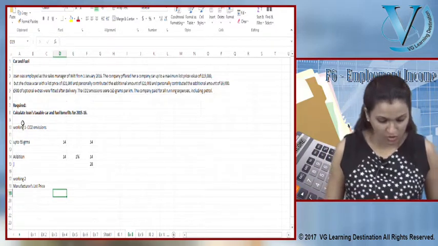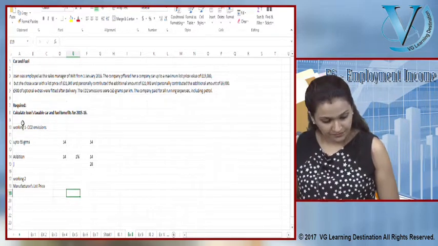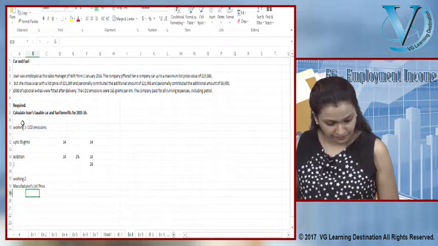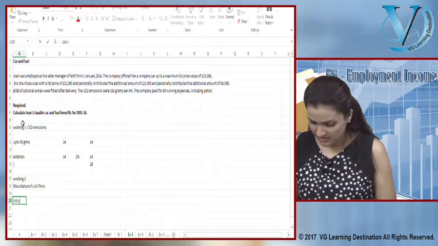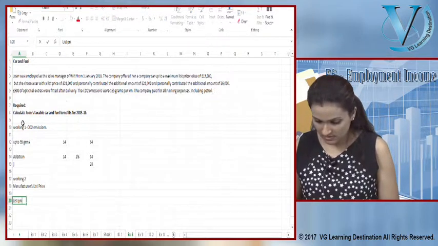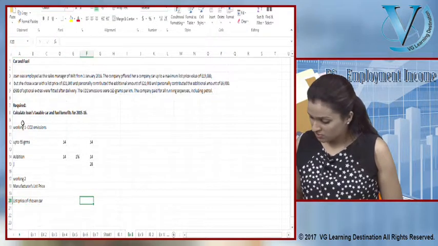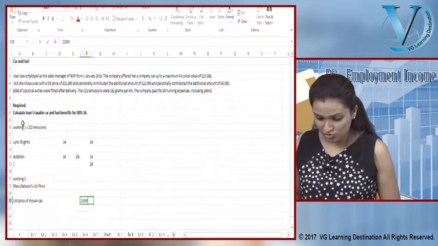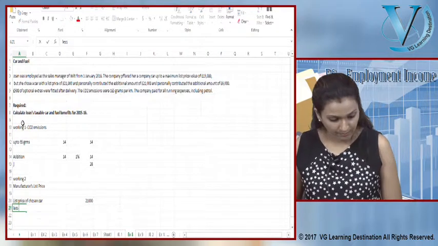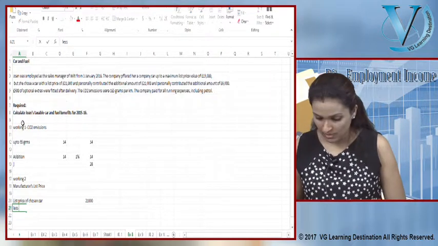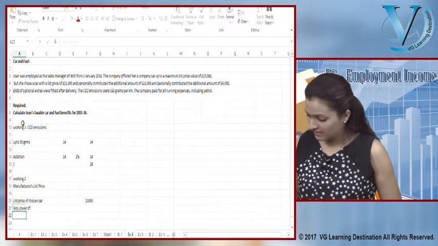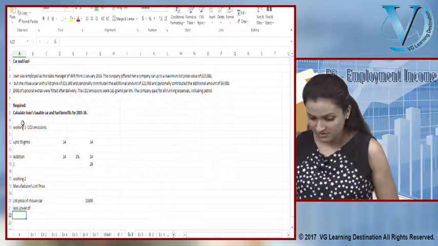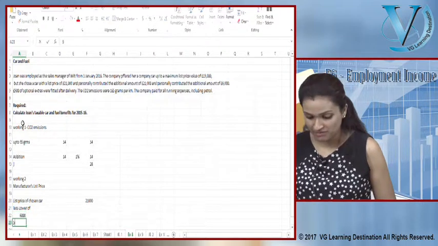The list price of the chosen car is £21,000, which gets reduced by the employee's contribution, the lower of the two: either the contribution, which is £6,000, or the maximum, which is £5,000.